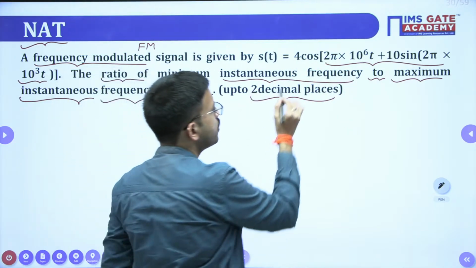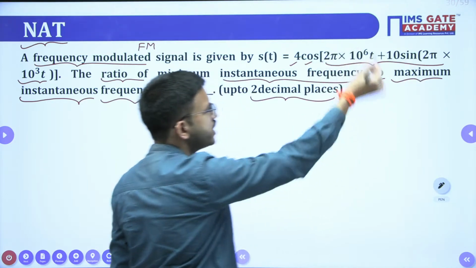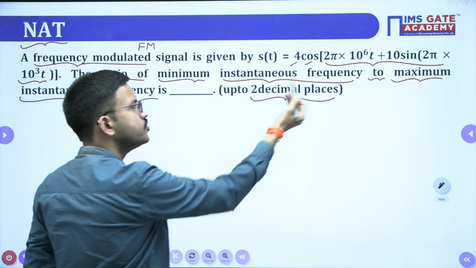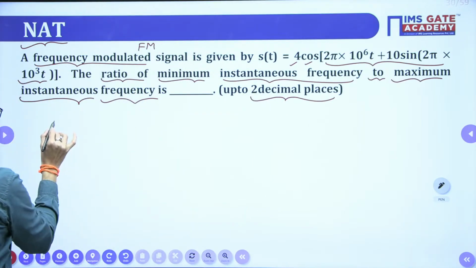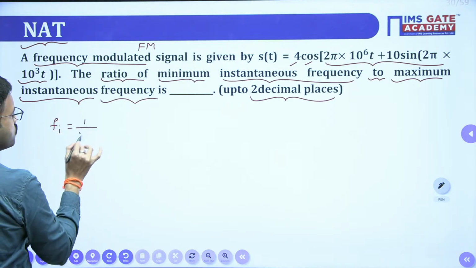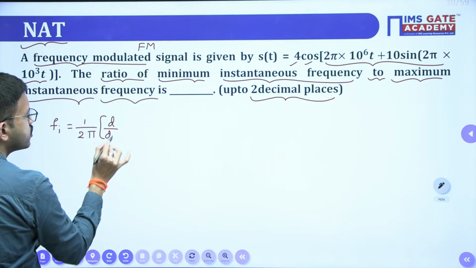When you compare with the standard equation, this is your Ac cos signal, and this entire quantity is theta. If you take the derivative, you will get the instantaneous frequency Fi equals 1 by 2 pi into the derivative of that entire quantity.